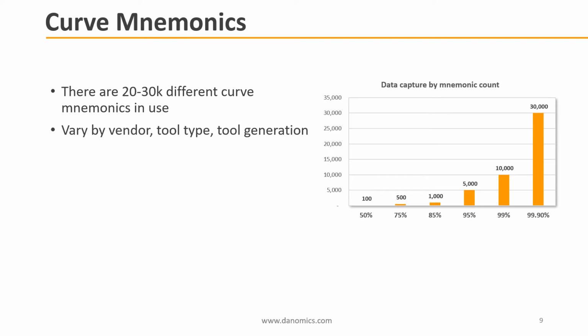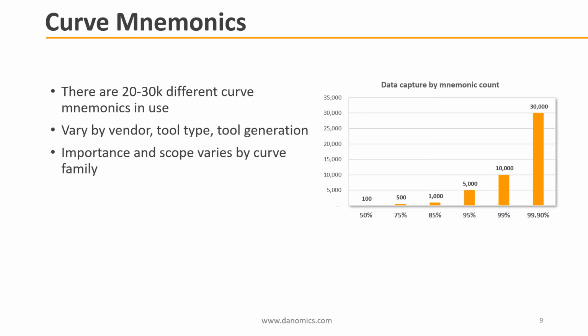So curve mnemonics vary by vendor, tool type, and tool generation. Often even within the same vendor and the same curve family, you'll have different tool types available, and those will have specific mnemonics. Sometimes they'll have a high resolution or a low resolution mode, which will create further mnemonics, etc. So that compounds the problem there.